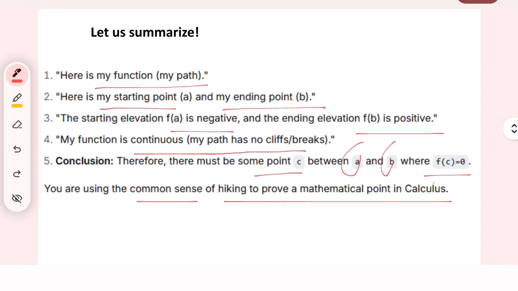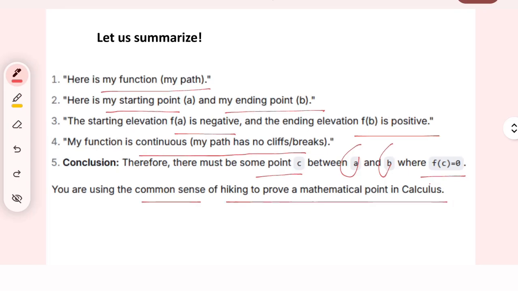You see the beginning point and the ending point, and somewhere in between you must realize that it exists, because of the situation of what is starting and what is ending. All right, so that is the IVT.